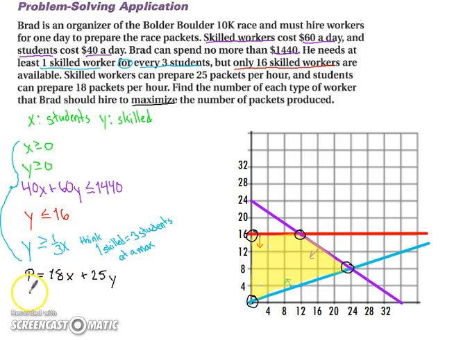Alright, so we have one coordinate being 0, 0. Another coordinate being 0, 16. Another one is 12, 16. And the last one is 24, 8.